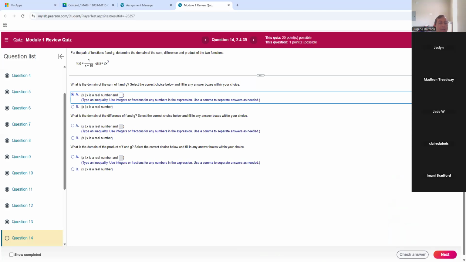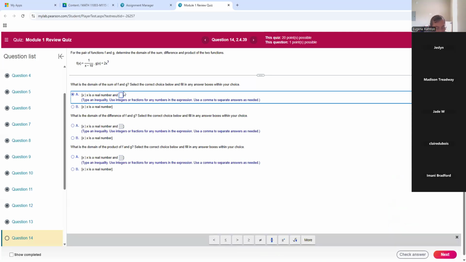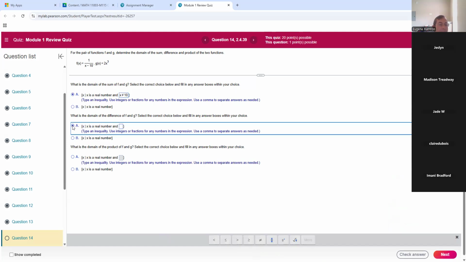A, x is a real number and x, go down here and get that cannot equal and put in your 10. Then come down to the next one. A, x is a real number and x cannot equal positive 10. And then come down to the third one for the product.